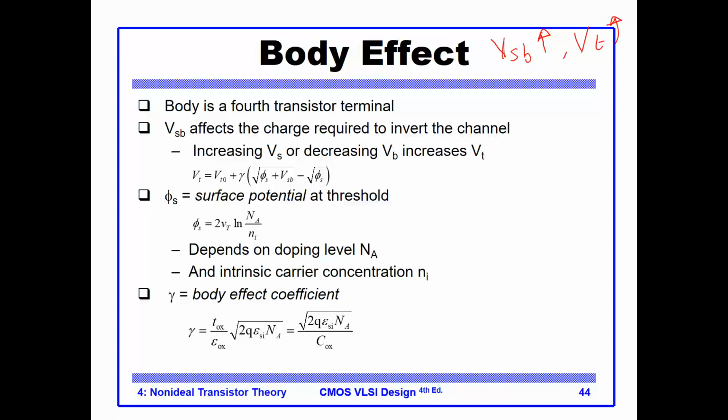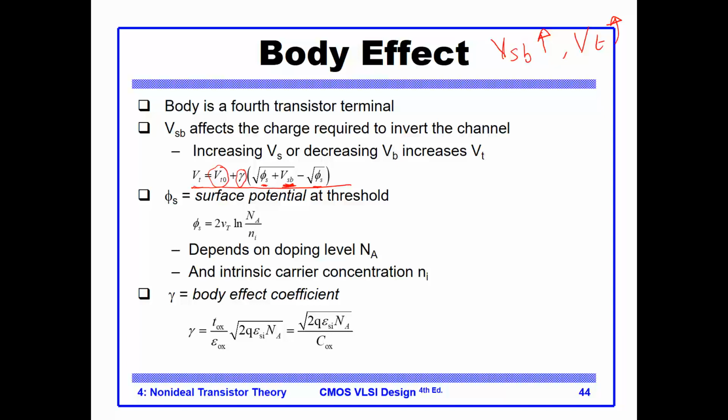So the formula for this is that people found out if we increase the voltage between the source and the body, then VT increases with this formula. It's the square root of the surface potential plus VSB, minus the square root of the surface potential, multiplied by the body effect factor, plus the VT, which is the ideal VT, which is when VSB equals 0 volt.